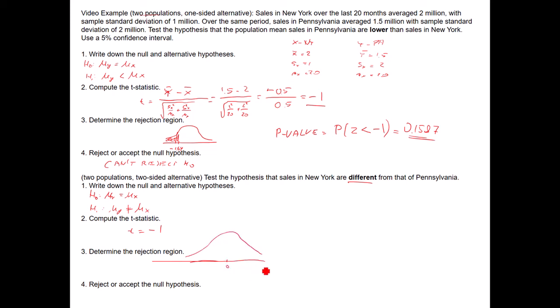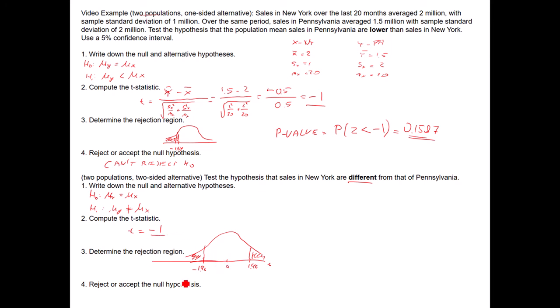The test statistic T is distributed normal 0, 1, but at 5% level of significance the critical values are negative 1.96 and positive 1.96, and we reject if the test statistic is either really low, less than negative 1.96, or really high, bigger than 1.96.